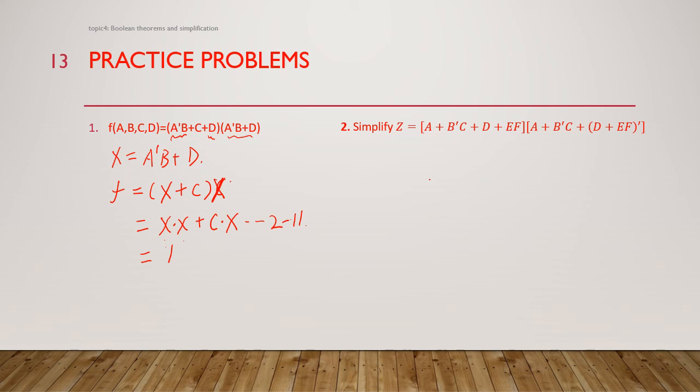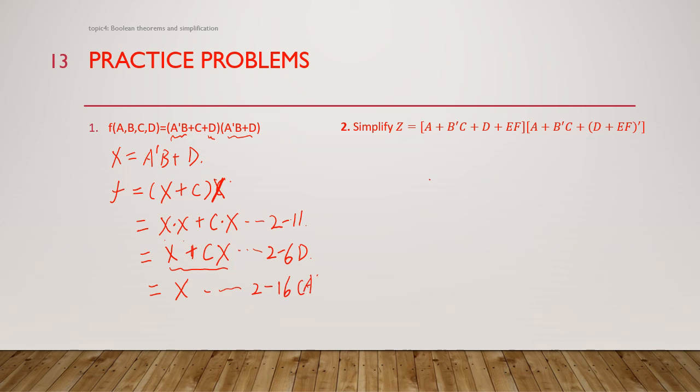Oh, sorry, not equal to 1, equal to x, or c and x. x and x equals x. This is actually coming from 2-6D. Finally, this actually is the absorption theorem. So the result is x.